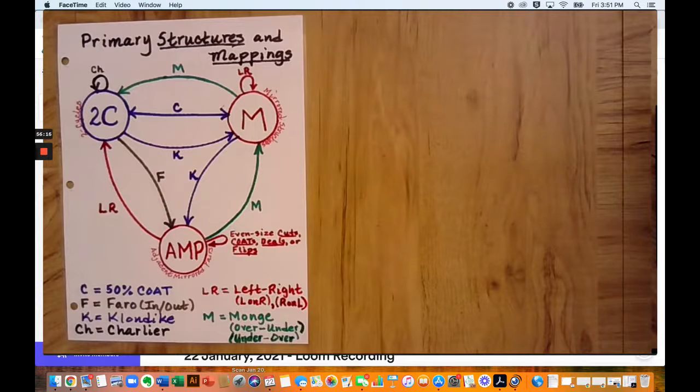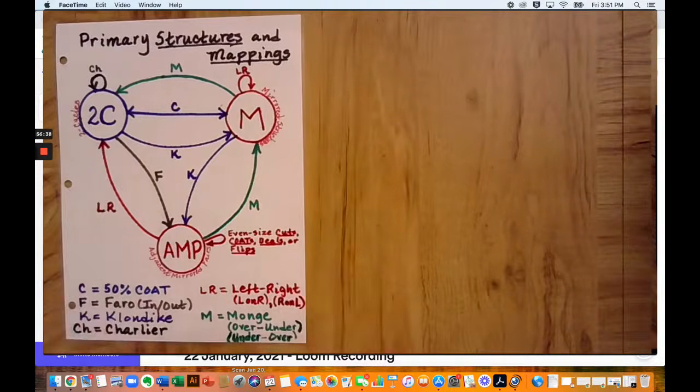So what I want to do here is essentially just practice some of these. Now, proving that they are conversions between the different structures, well, that has been and or will be shown in class. We're simply going to practice moving from one structure to another by way of these various mappings.